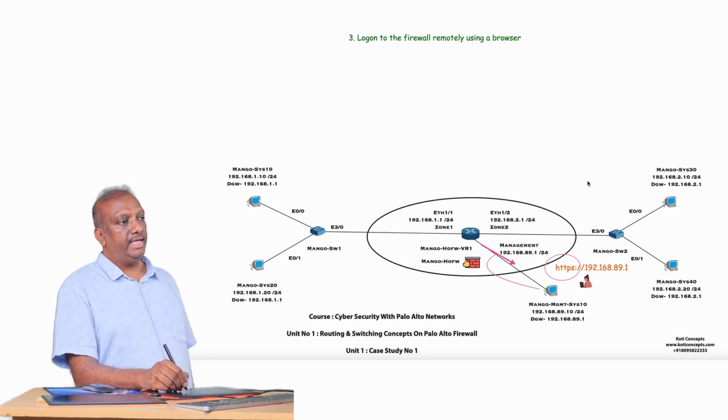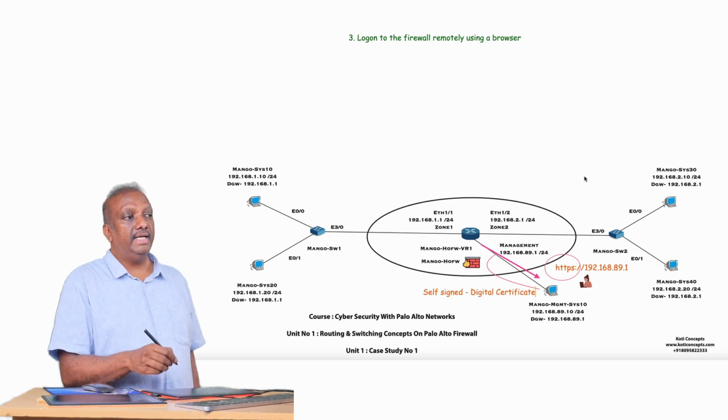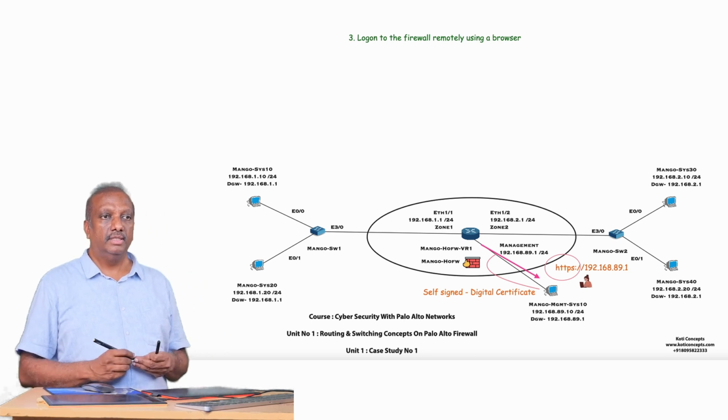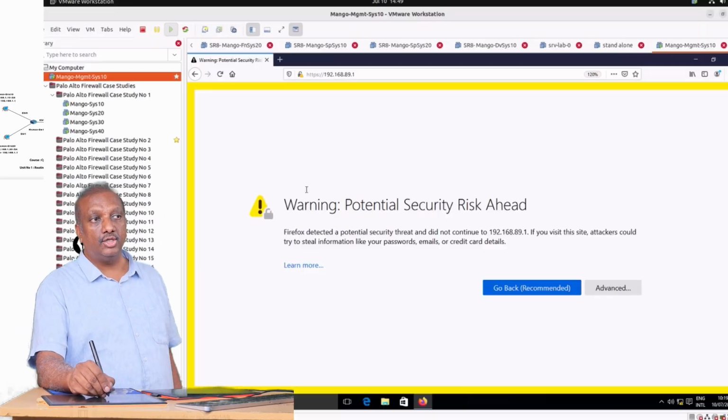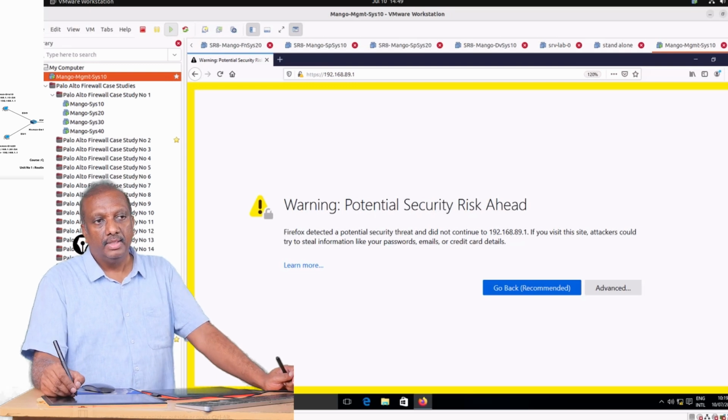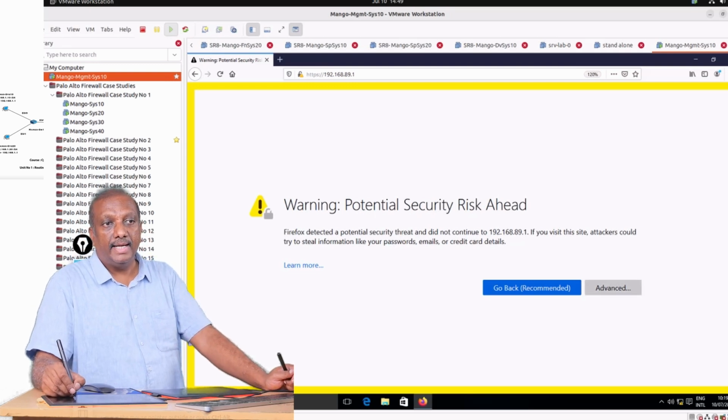The firewall will send a digital certificate, which is a self-signed digital certificate, and a self-signed certificate is not understood by this browser, right? That's why it says it can't give access. So a warning is given, but we know that we are talking to our own firewall. So click on Advanced.